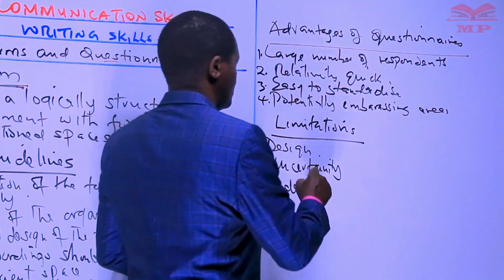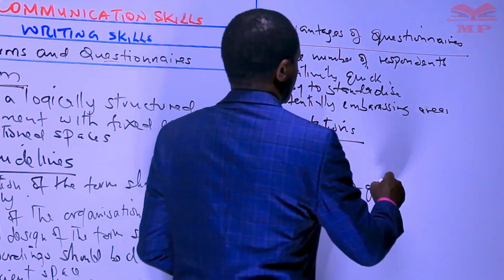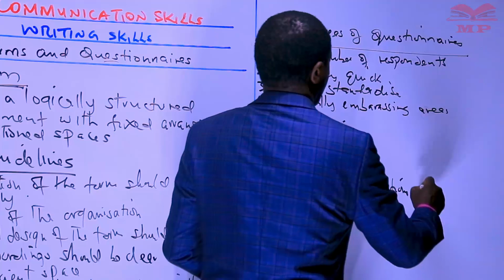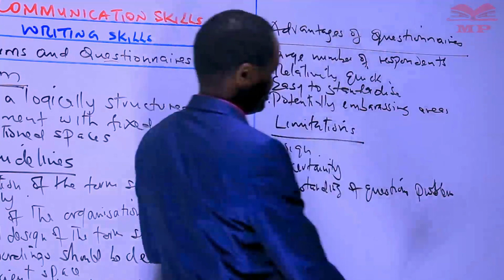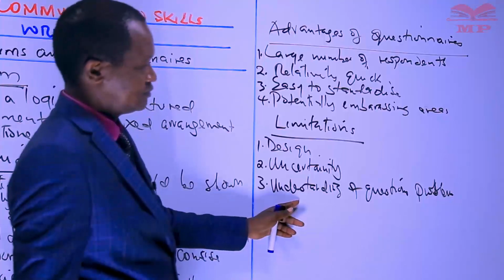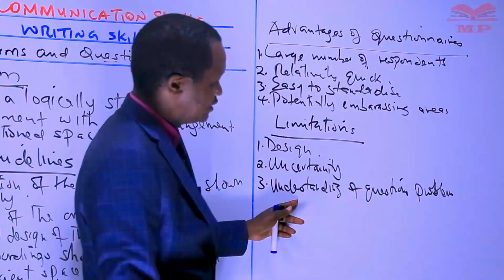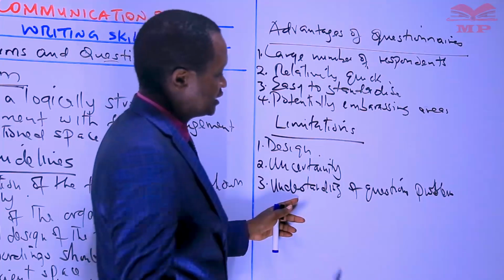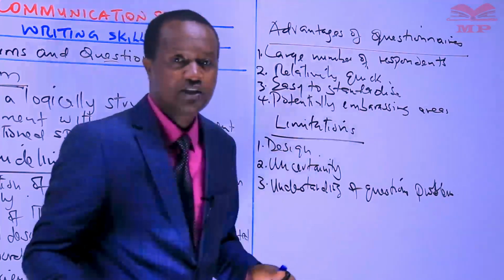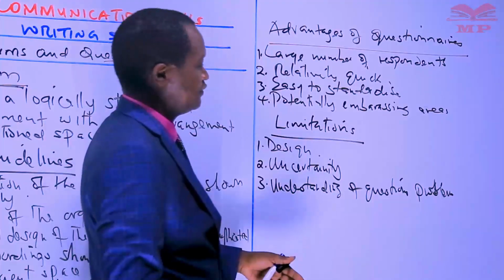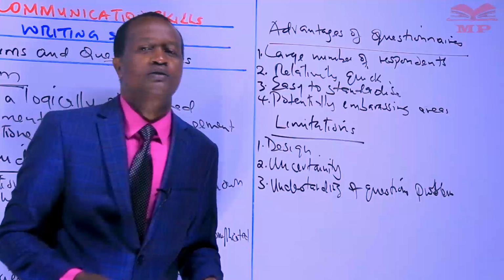Understanding of questions properly can be a problem, because we are talking here about when the respondent fills the questionnaire when the researcher is not present. It's not easy for the researcher to know if the respondent understands the questions.